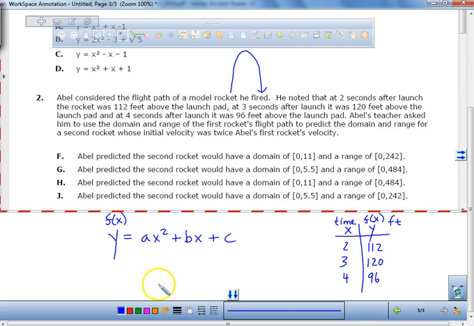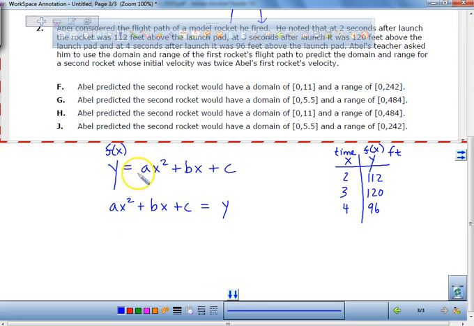Now, what we're going to do is we're going to set ax squared plus bx plus c equal to our y value, okay? So see how I just kind of rearranged it? We're going to put it in this order.